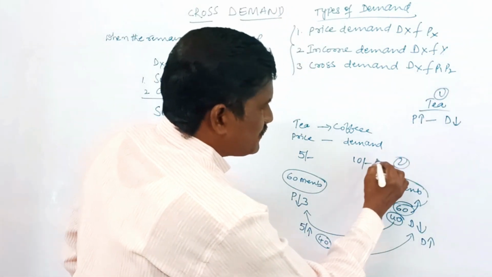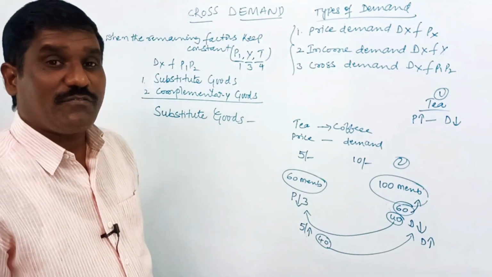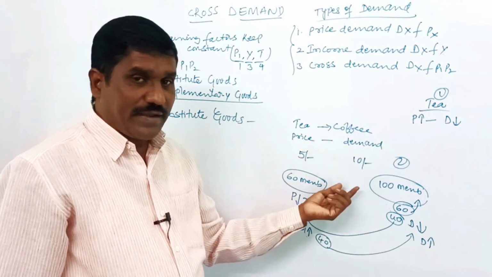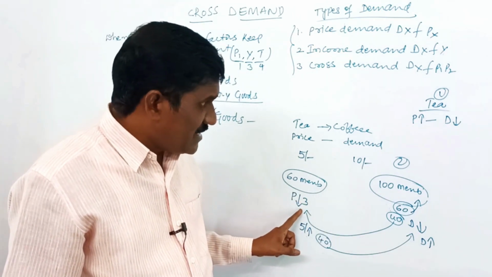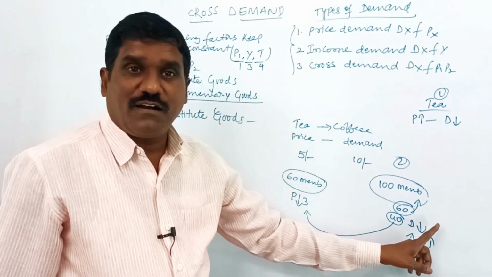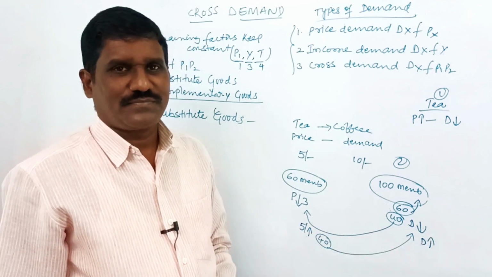Here two goods are there. So this is the difference between a price demand and a cross demand. Okay? Price of tea decreases, demand for coffee decreases.